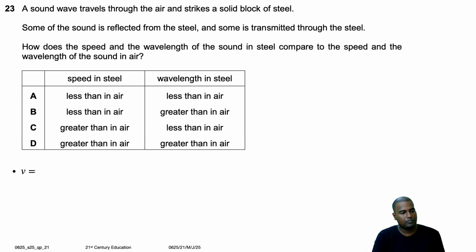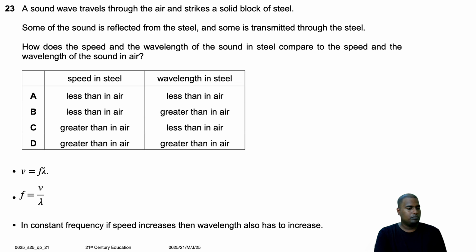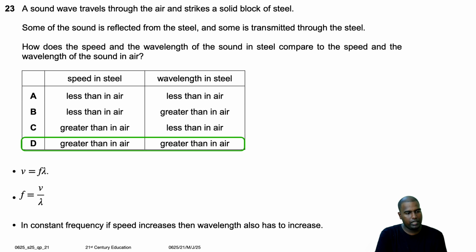We know that v is f lambda, so f is v by lambda. So for constant frequency, if velocity increases, wavelength also has to increase. We know that the velocity of sound is higher in steel than air. So higher velocity, meaning higher wavelength also. So both are greater than in air, speed and wavelength.